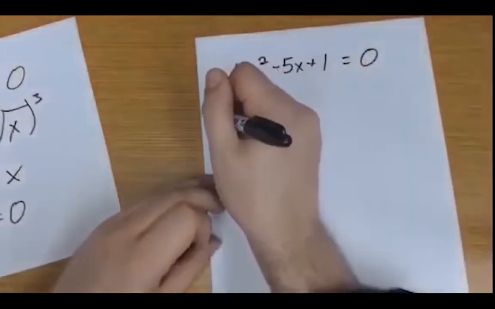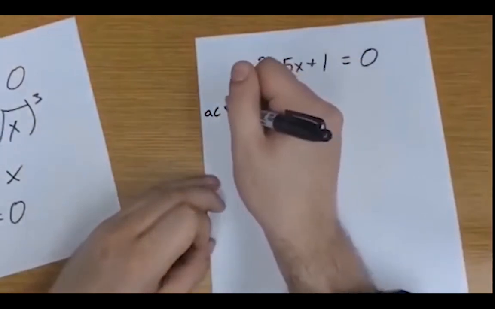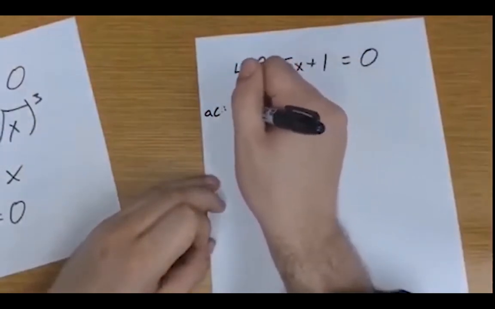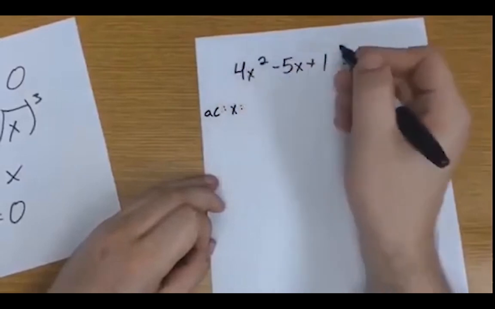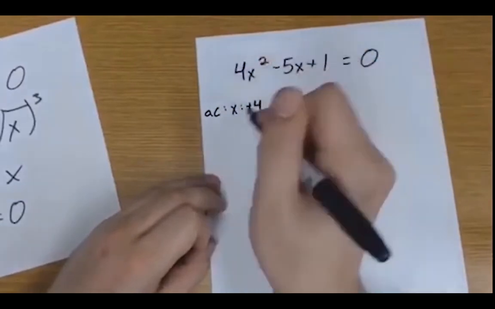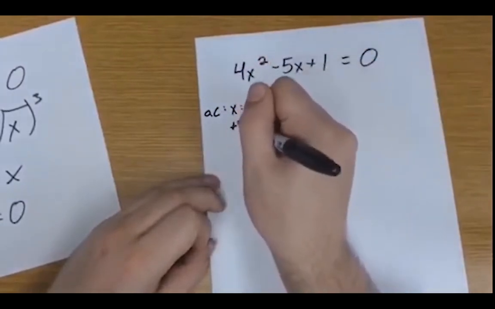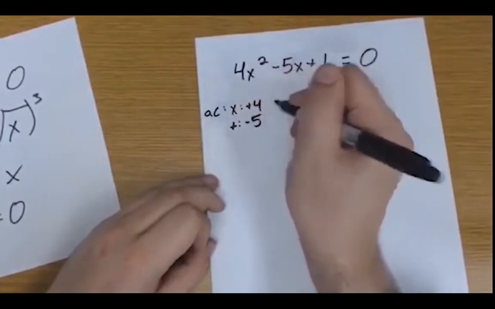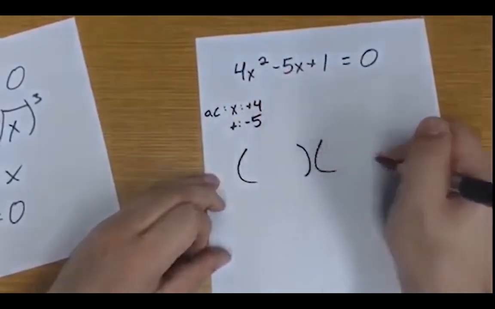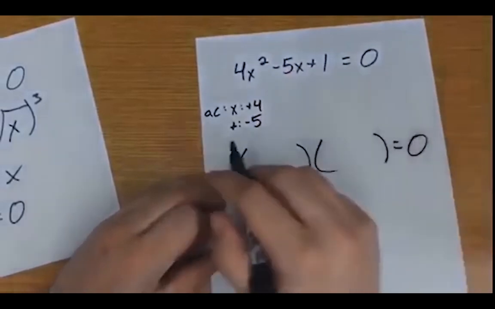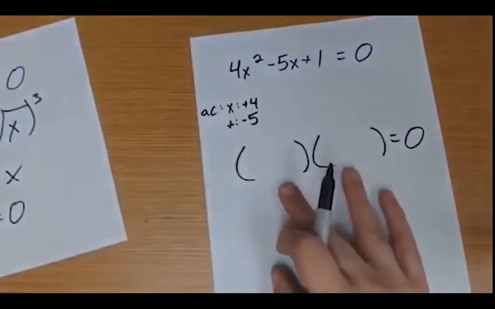Now, we still need to find AC. We still need the numbers to multiply to be 4 times positive 1. We need to multiply to be positive 4 and add to be negative 5. But we're going to be able to do something with just our binomials.